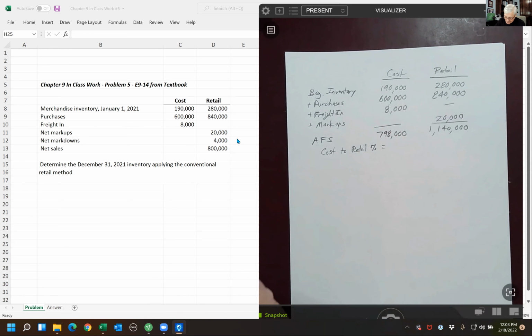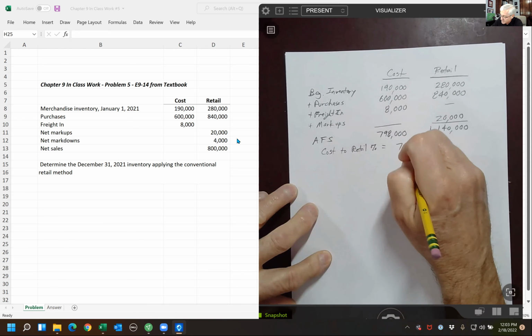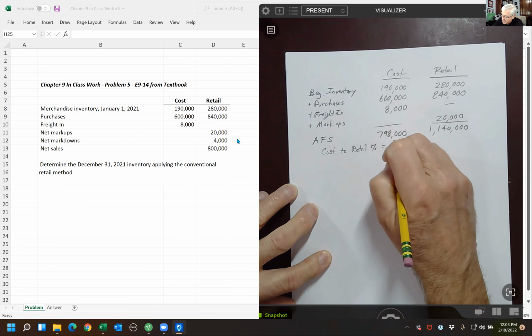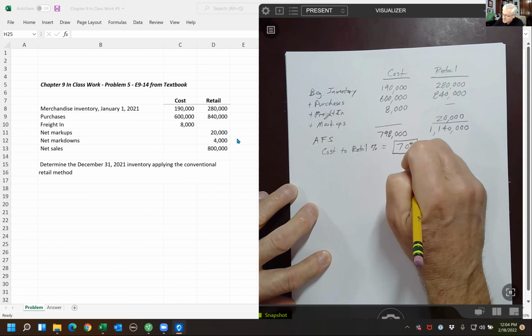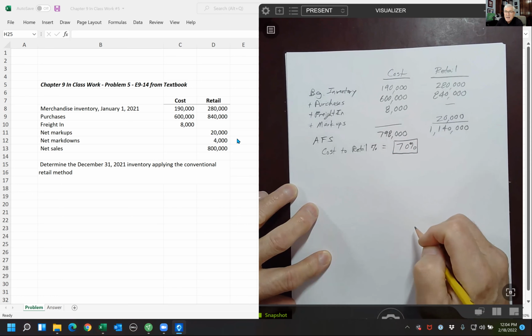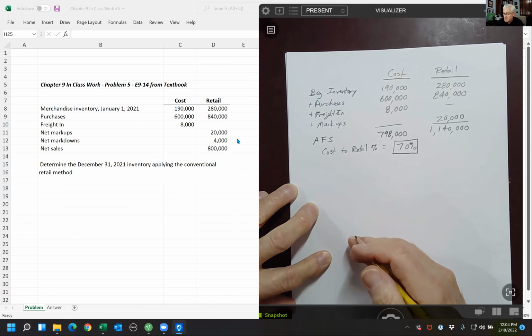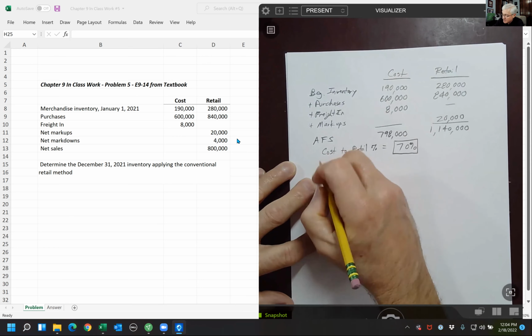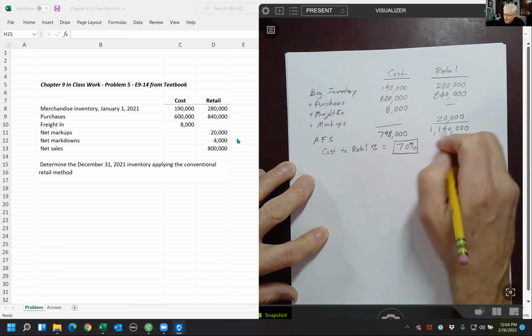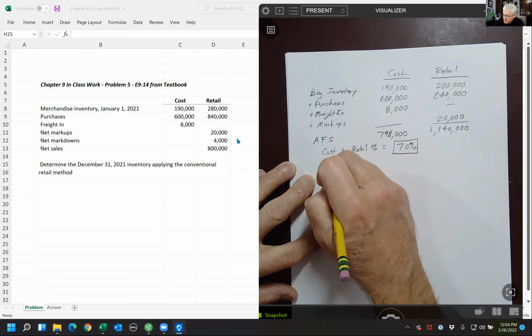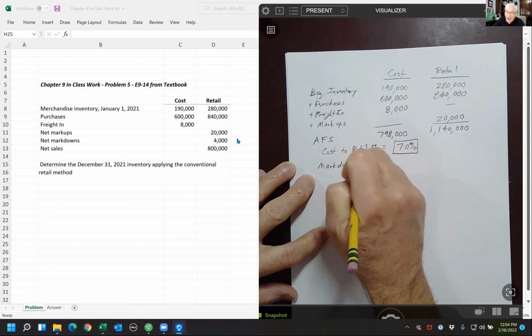798 divided by 1140, 70%. Now let's finish up on the retail side. We don't have any more information for the cost side, but on the retail side, we know that this is our available for sale, and then we have our markdowns.